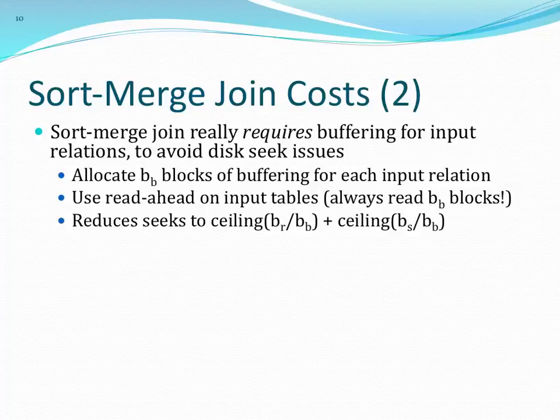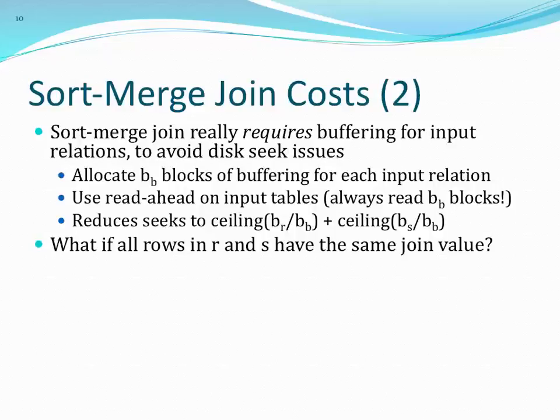That means that for reading that entire block, you're not going to have any disk seeks except for the seek to get to the first part. And so then you can get to this kind of performance. It says here BR divided by the number of buffer blocks that you can use for reading R, and BS divided by the number of buffer blocks you can use for reading S. And so that gives you a better seek performance.